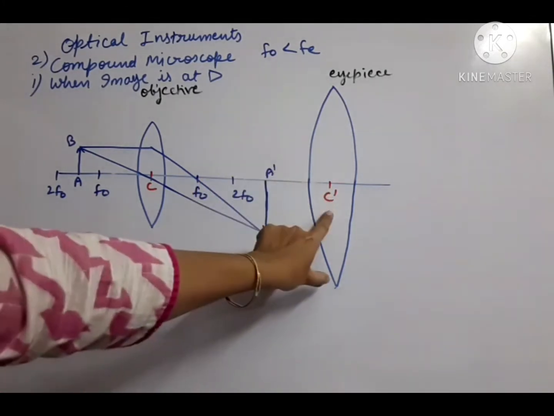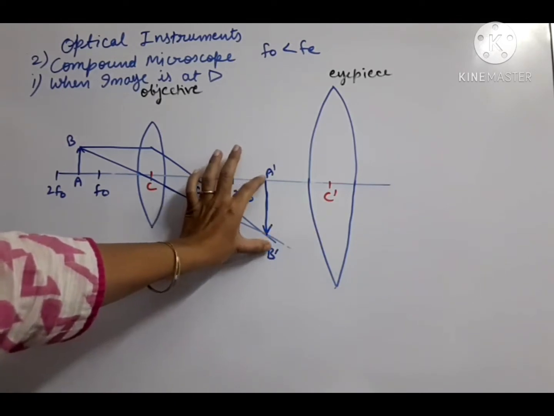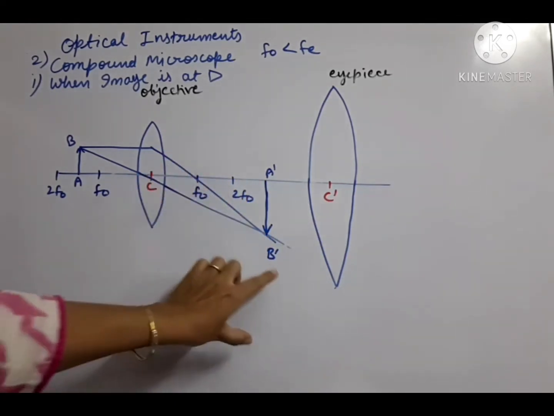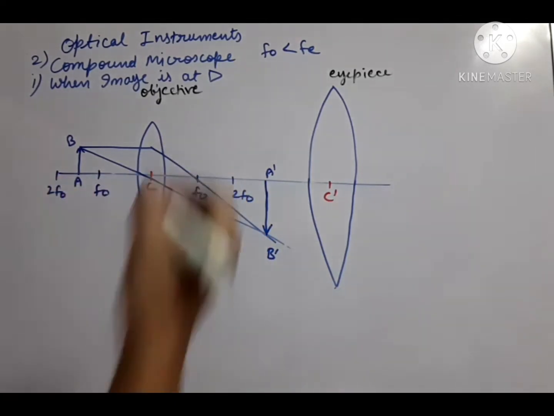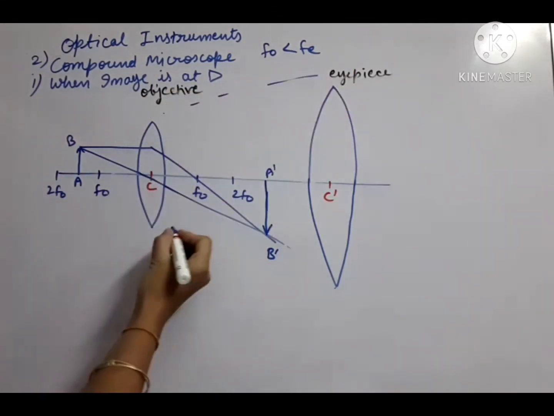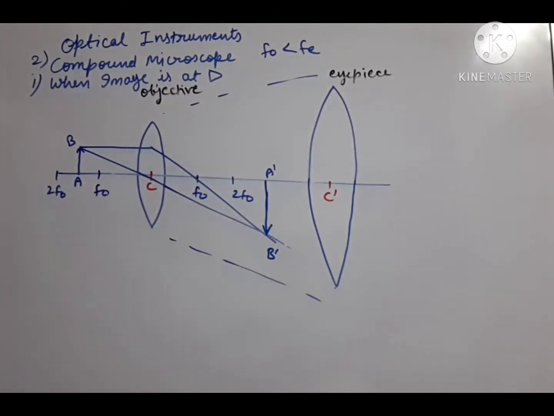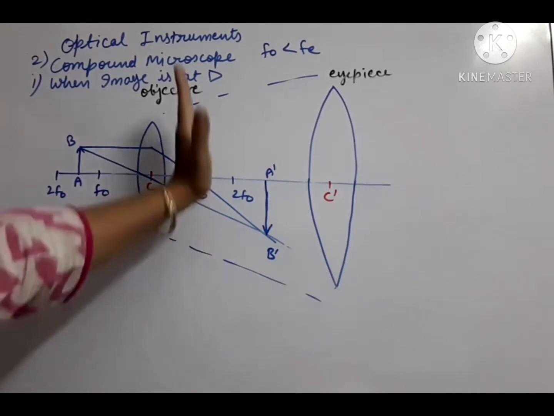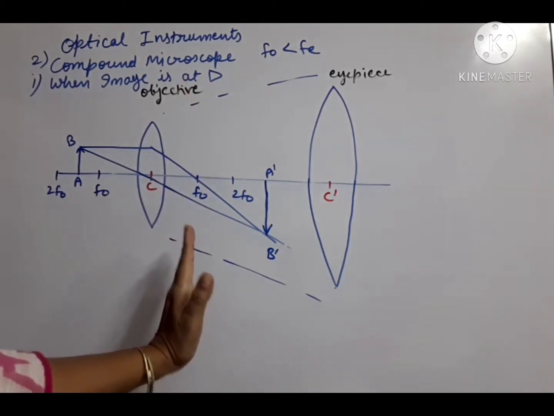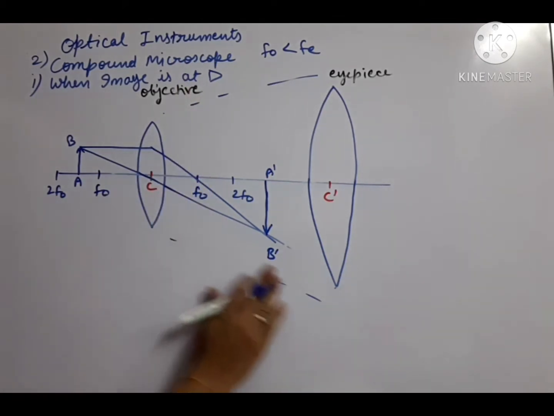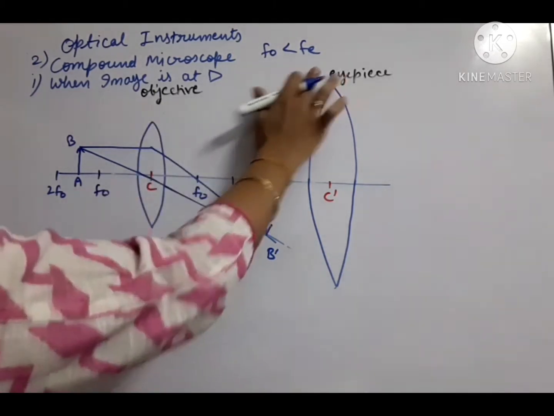For this eyepiece lens, this is the object. So the image also should be on the same side, because the screen is kept here. This is actually like a tube of the compound microscope where the screen is placed somewhere here. The image should be formed on the same side of the convex lens.